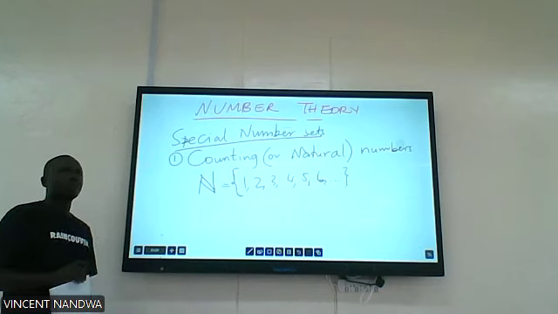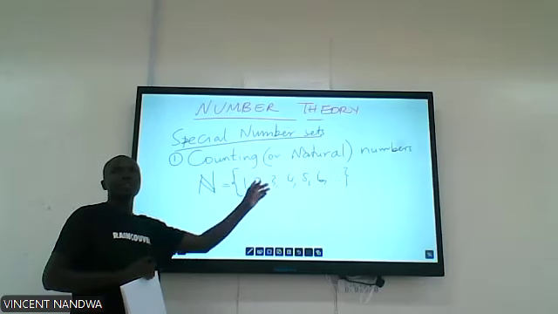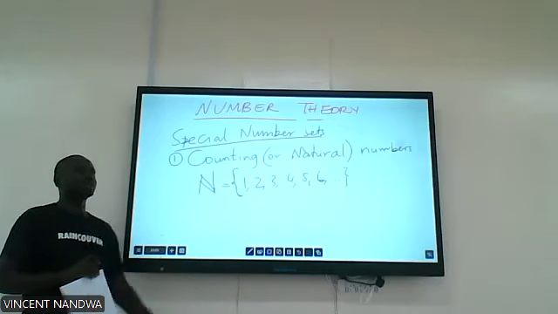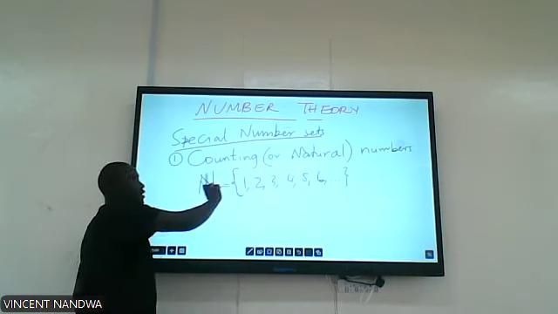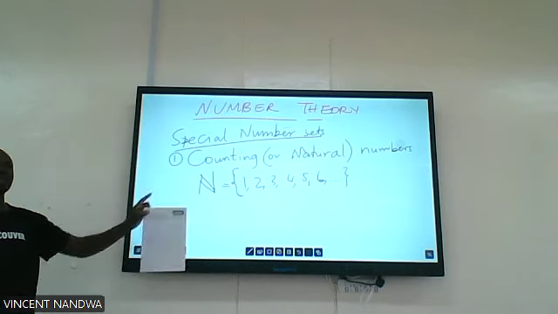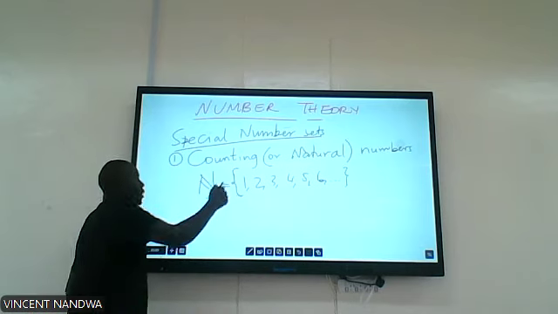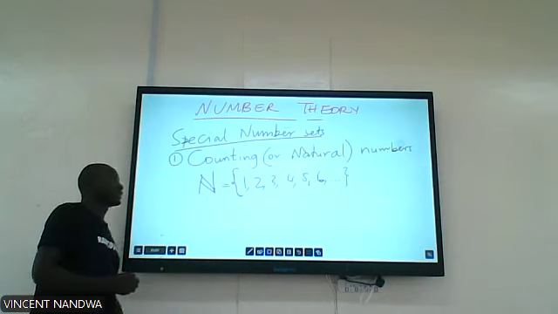But when it comes to subtraction, if you pick any two numbers here and subtract, you are not guaranteed to get a number within the same set. For example, 1 minus 3 is not within the set, and 1 minus 1 is a number which is not within this set.